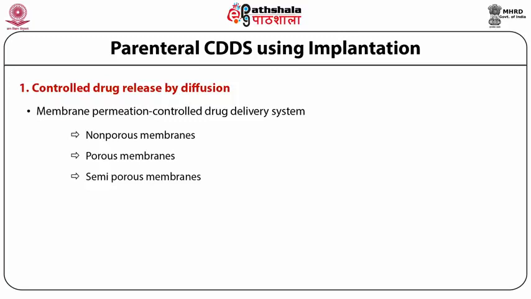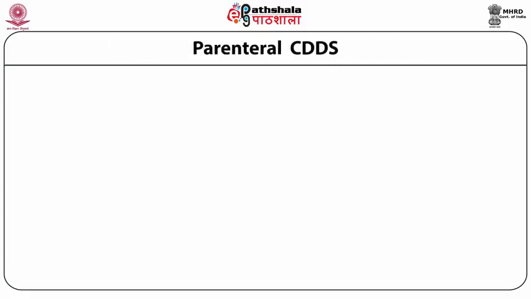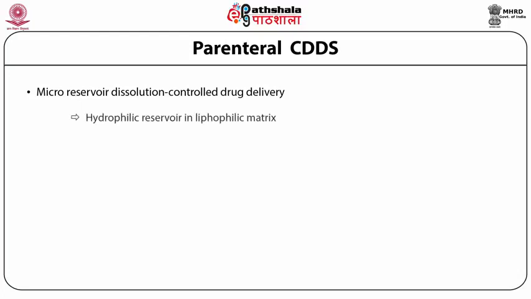The second variety could be matrix diffusion controlled drug delivery, which can make use of lipophilic polymers, hydrophilic polymers and porous polymers. Additionally, we can have micro-reservoir dissolution controlled drug delivery, which might use a hydrophilic reservoir in a lipophilic matrix and a reverse lipophilic reservoir in a hydrophilic matrix.